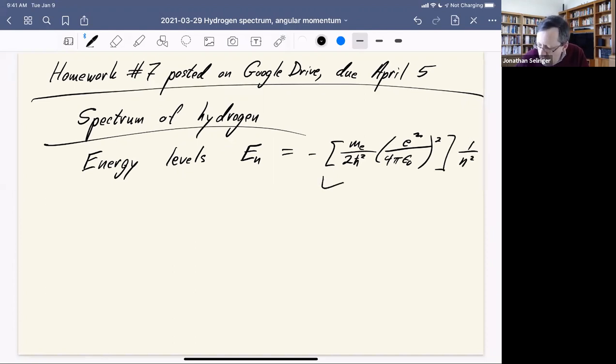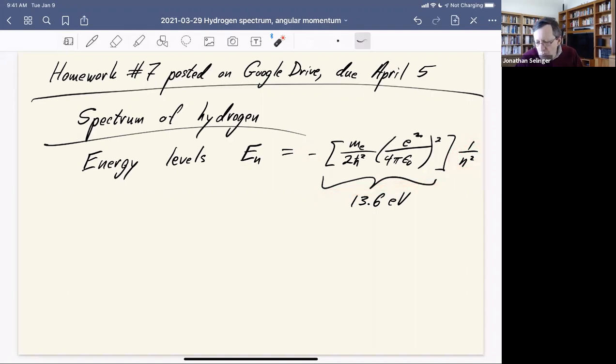So this is the constant of 13.6 electron volts. And so you can see that the energy level is some negative number times a constant divided by n squared.